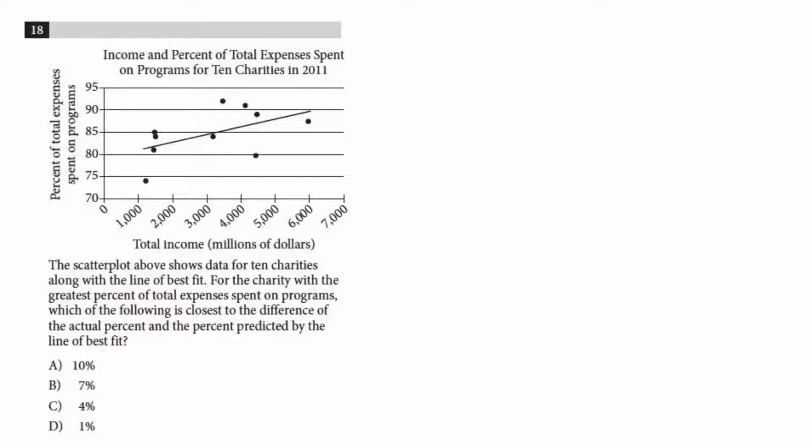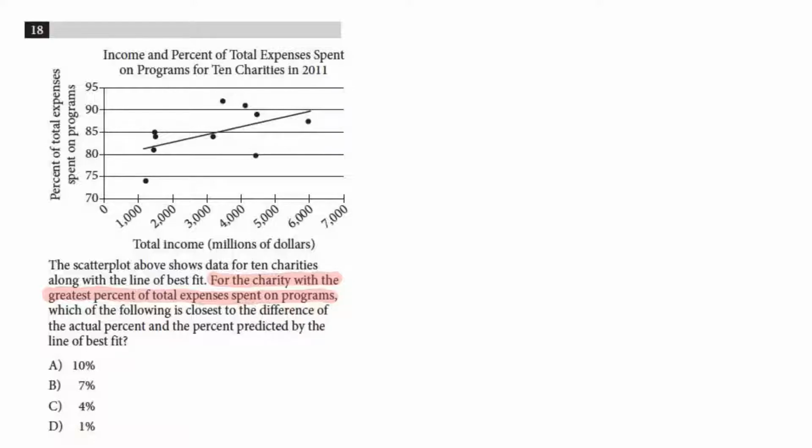Number 18. Income and percent of total expenses spent on programs for 10 charities in 2011. Alright, so the scatter plot above shows data for 10 charities, along with the line of best fit. For the charity with the greatest percent of total expenses spent on programs, which of the following is closest to the difference of the actual percent and the percent predicted by the line of best fit?